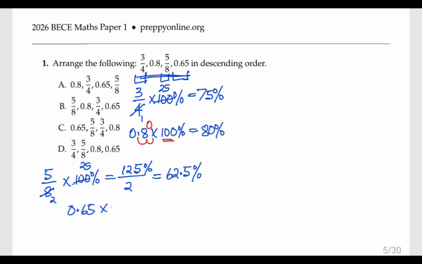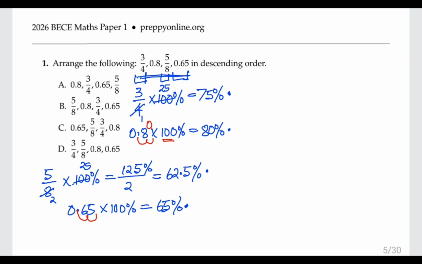0.65 times 100%. That gives us 65%. Again, we use the same idea. Multiply by 100, we move the decimal point twice. So we get 65. So now we can compare these four numbers. We have 65%, 62.5%, 80%, and 75%.